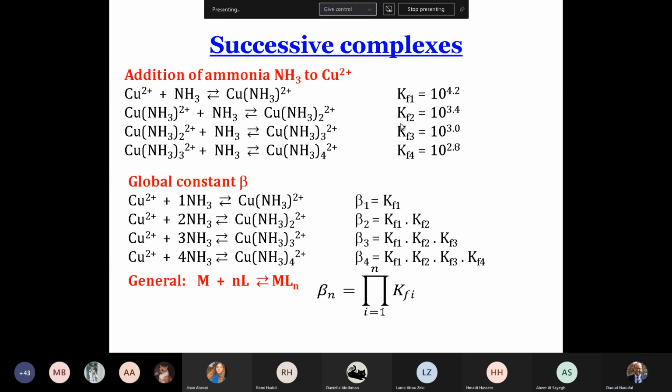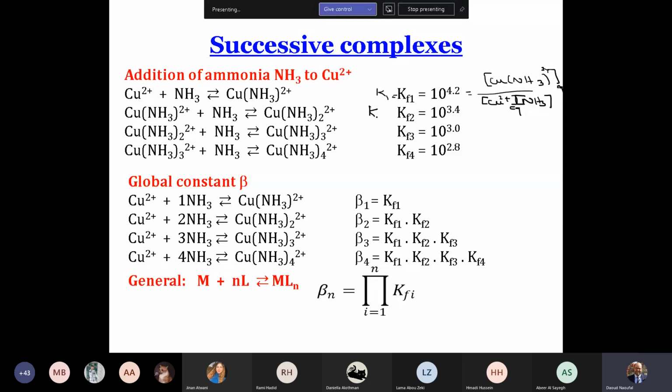K1 is equal to Kf1, and pay attention that Kf1 is equal to the concentration of the complex Cu(NH3)2+ divided by the concentration of Cu2+ at equilibrium times the concentration of NH3.